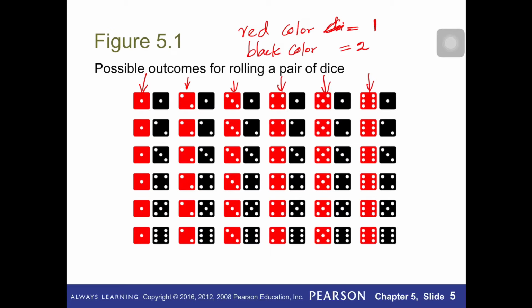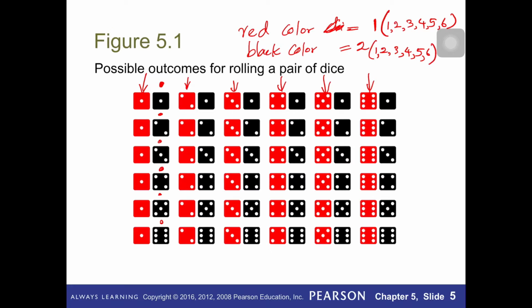When I roll the black color die, I can get these values 1 to 6 as well. So for the red die we have values from 1 to 6, and for the black die again values from 1 to 6. These are the possible outcomes.